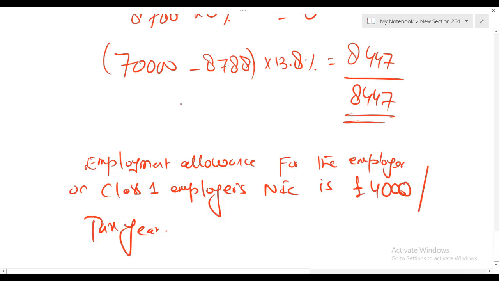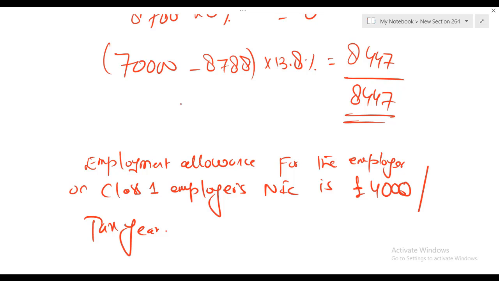What this 4,000 is going to do is reduce class 1 employer NIC liability. And this 4,000 employment allowance is only available on cash benefits. It is only available on class 1 employer NIC, and it is £4,000 per tax year.